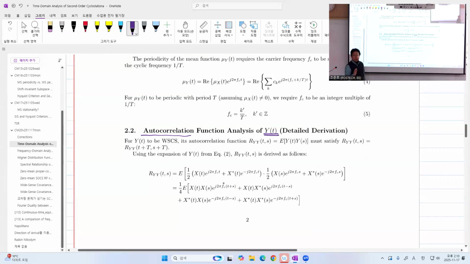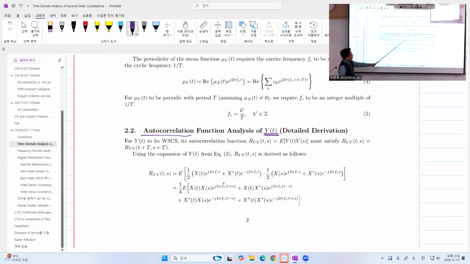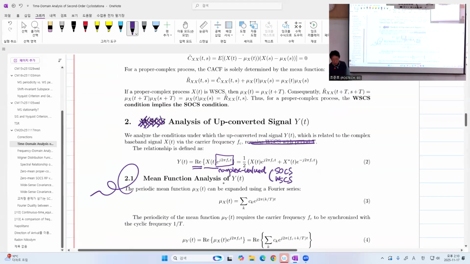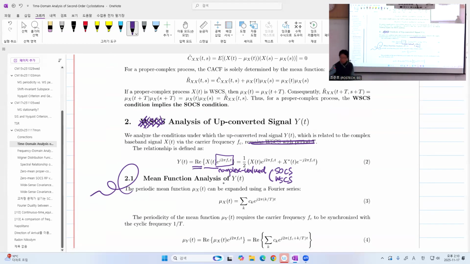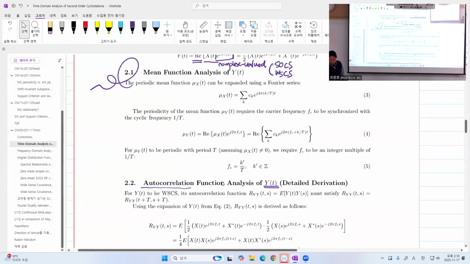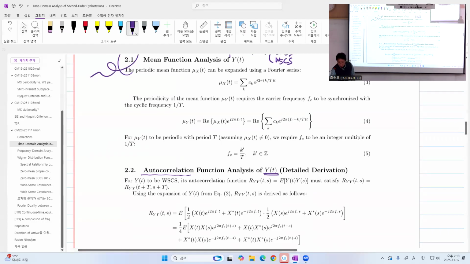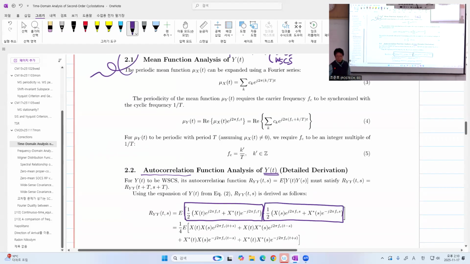Now let's see what happens. So we are interested in the autocorrelation function of the real passband signal. And by using this representation, we just plug it in to get an autocorrelation function like this. So this is y of t, and this is y of s conjugate. Got it?